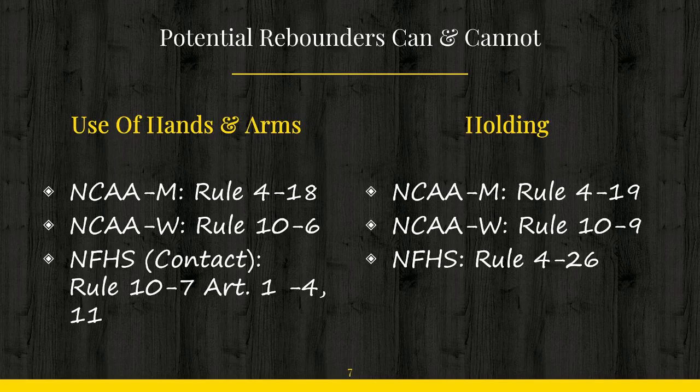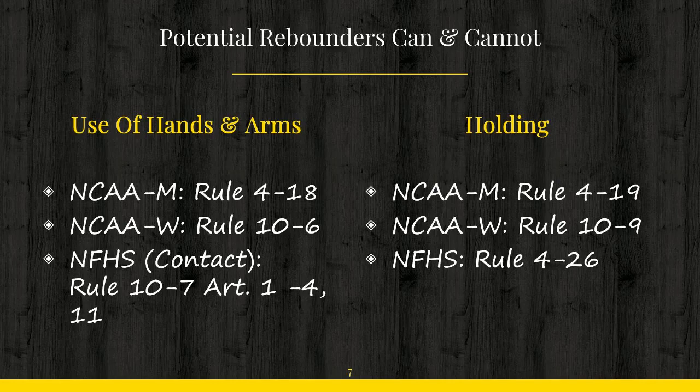These rules define not only what players can do, but what potential rebounders can and cannot do. Most illegal activity takes place when our players during rebounding action use their hands and arms to illegally contact or displace an opponent.